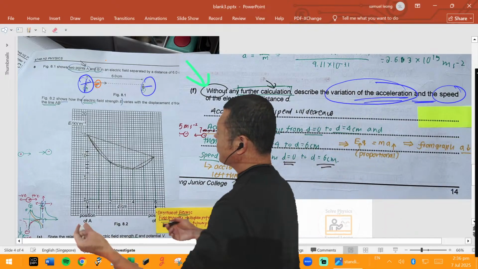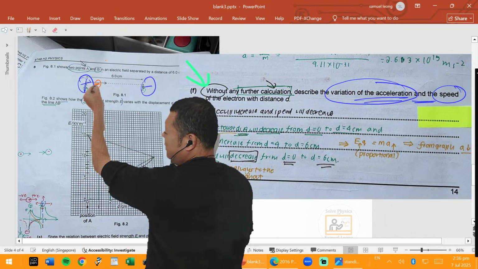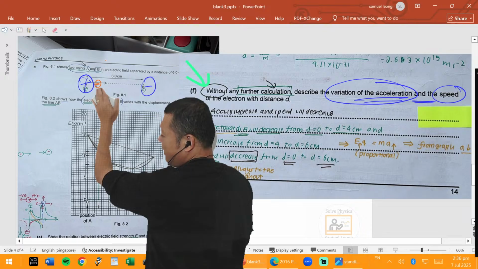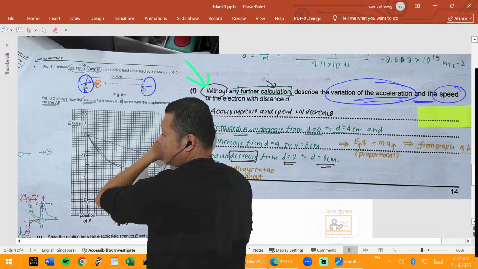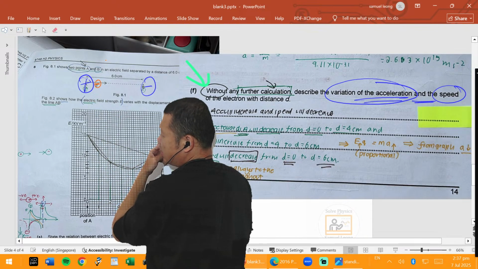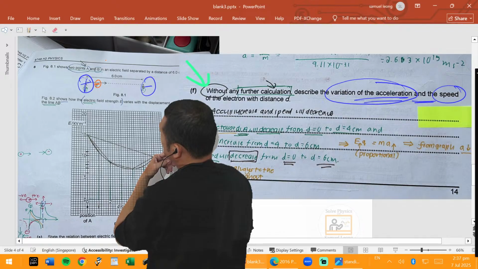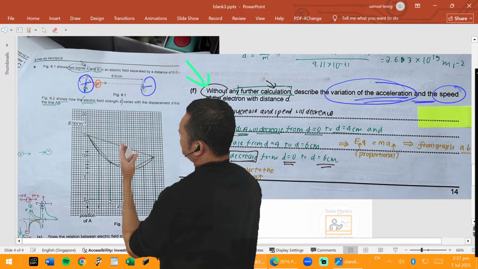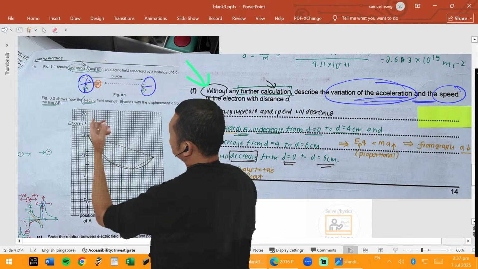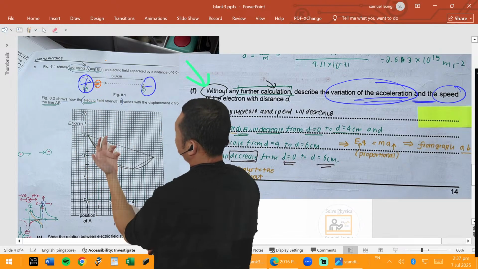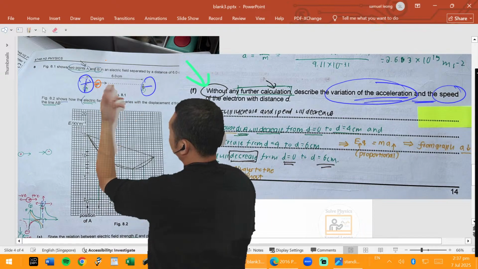Sorry, what's the scenario? Did they just put an electron here, or did they do something to the electron? Wait, hang on. How sure are you that A is positive and B is negative? It could be the other way around.